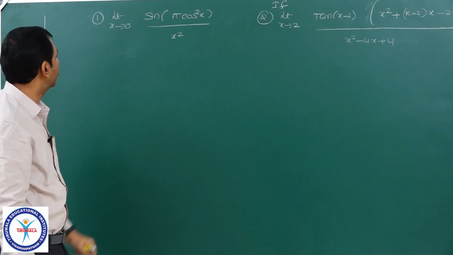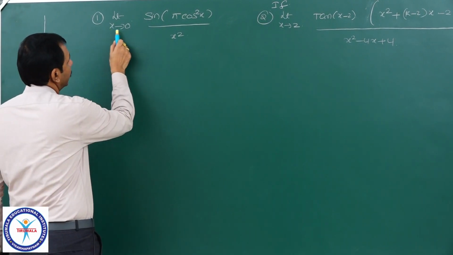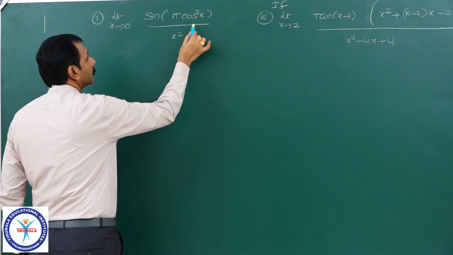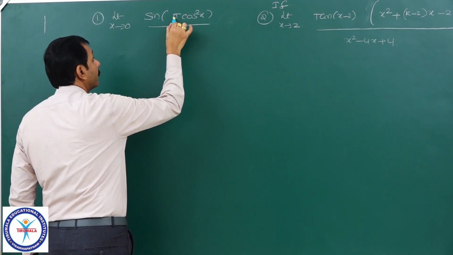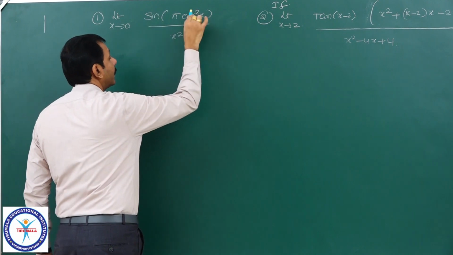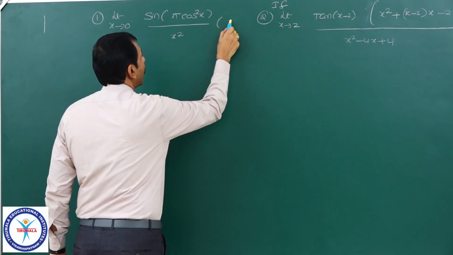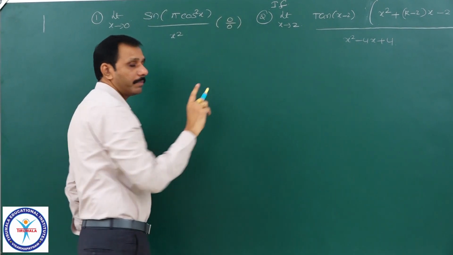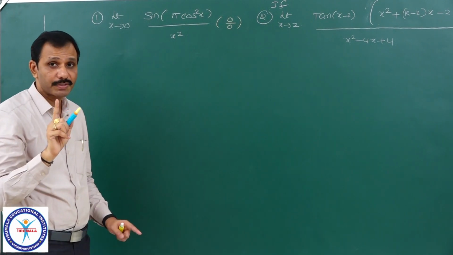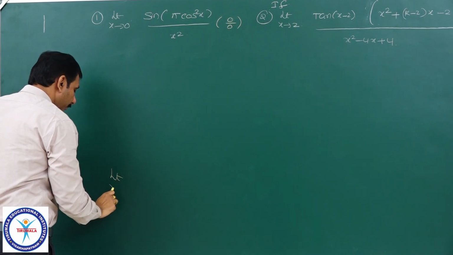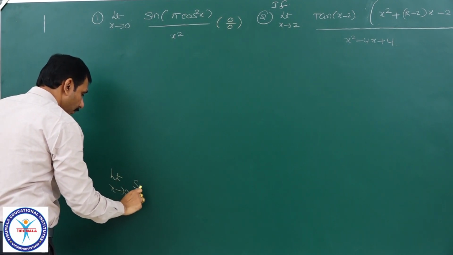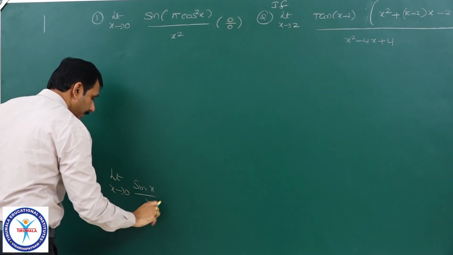Observe this limit as x tends to 0. This value cos 0 is 1, and of course because pi is there, the numerator is becoming 0, the denominator also becoming 0, 0 by 0 form. But you see this, we know limit x tends to 0 of sin x by x equals 1.